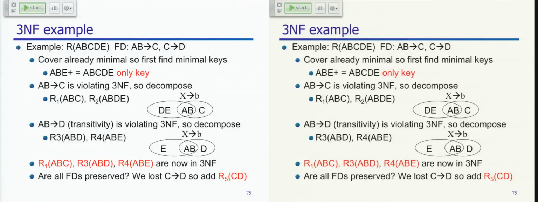The last question I'm going to ask is, are all my functional dependencies being preserved? I want it to be the case that I have at least one table that allows me to check each of those functional dependencies.